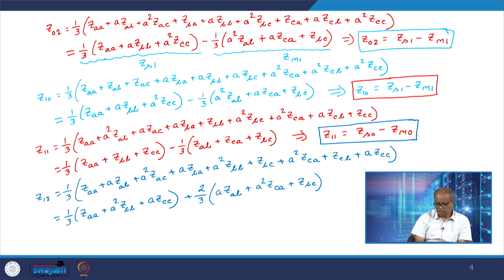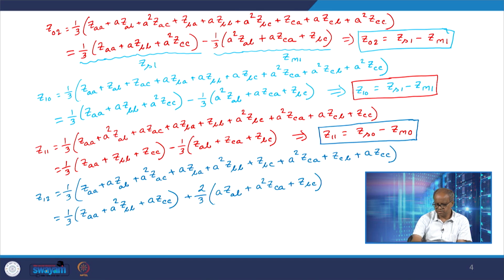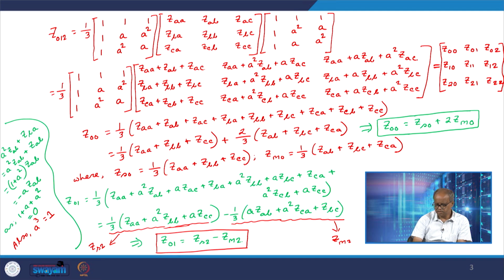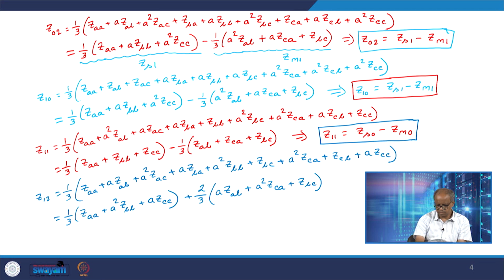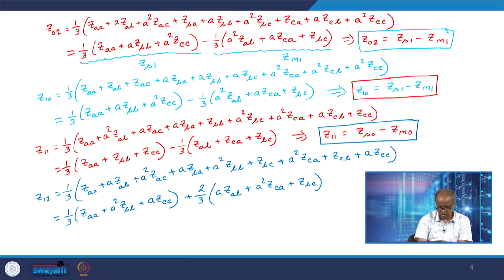Right, now we have seen that AZAB plus A square ZCA plus ZBC is ZM2, and ZAA plus A square ZBB plus AZCC is ZS2. So then therefore I can write down that Z12 is equal to ZS2 plus twice ZM2.